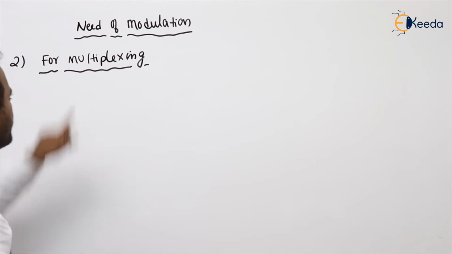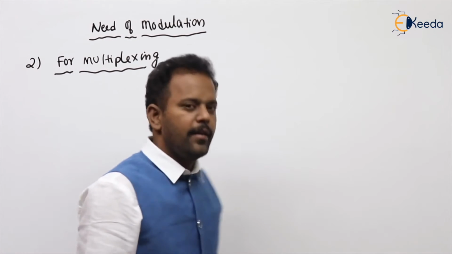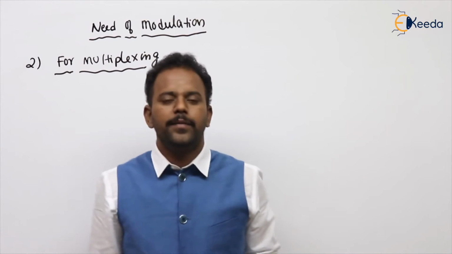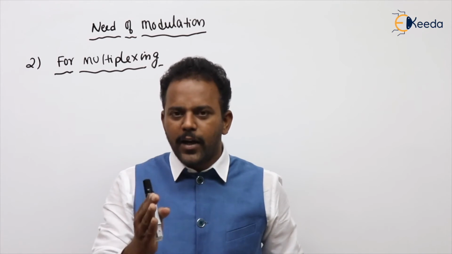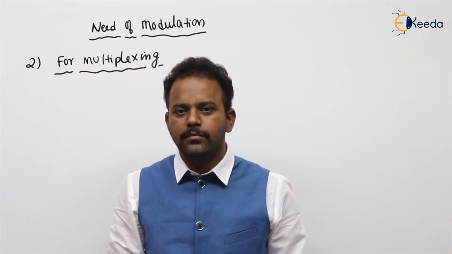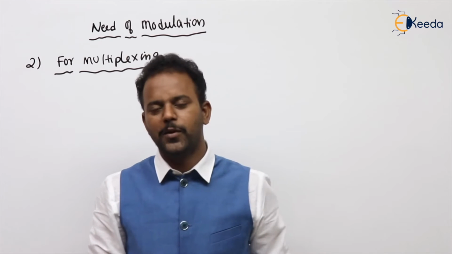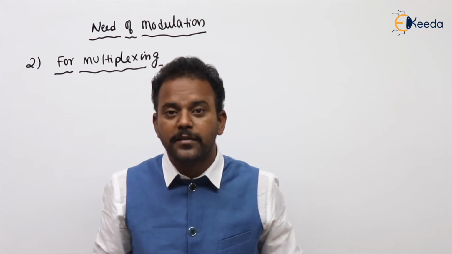The second point in the need of modulation is multiplexing. What is multiplexing, sir? Let's take a simple example in our home. Let's take a TV. From the antenna to your TV, how many cables are there? Only one cable, sir. And how many channels are possible?